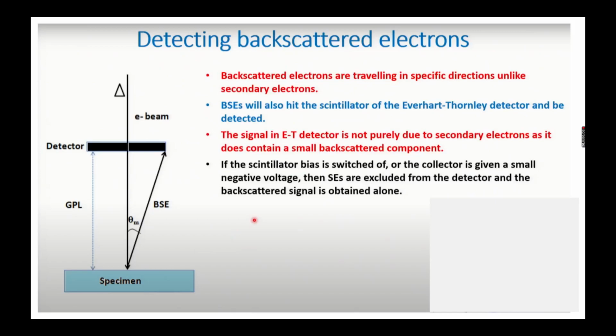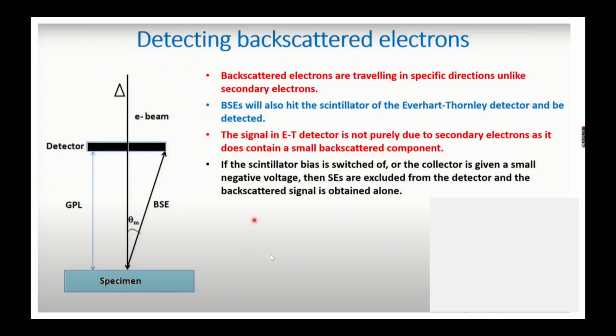Okay. So BSE, so there is the ET detector. Most of the secondary electrons will be detected by that detector, but there will also be some amount of BSE signal. So BSE will also hit the scintillator of your ET detector, and that can be detected, okay.